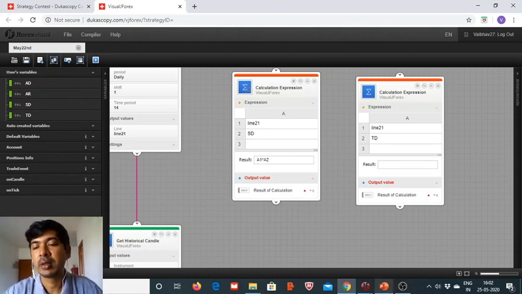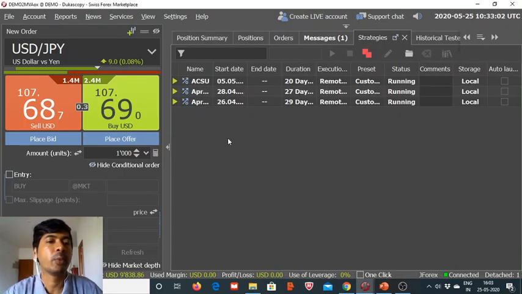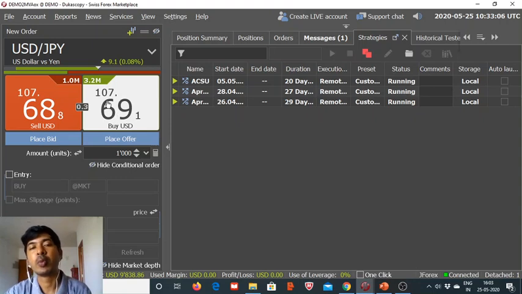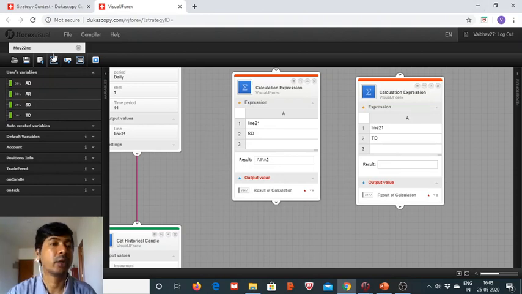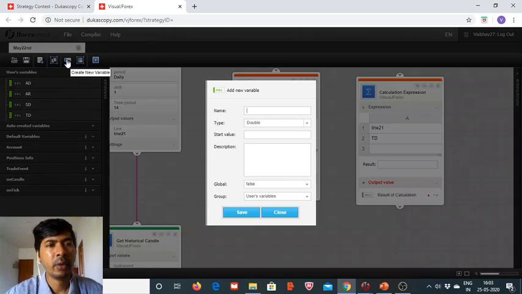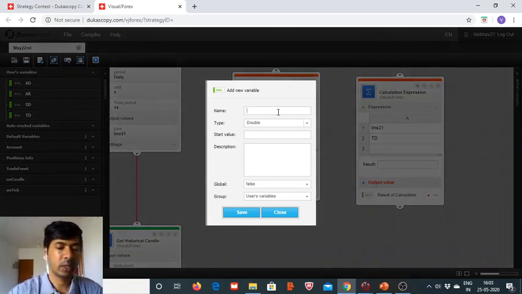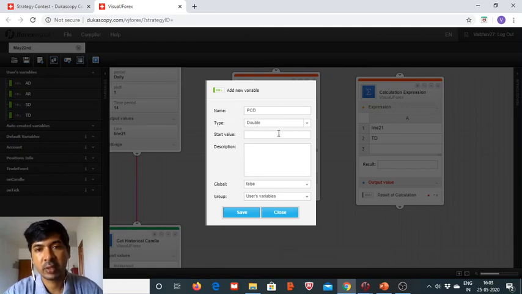Since USD JPY has two decimal points to define the pips, there is a 0.69 in 107.69, means it is 69 pips above 107 level, so we have to take out this decimal point. For that we need to do the multiplication by 10 raised to the power 2. So we do that and we name it pip conversion difference, and it should be 100.